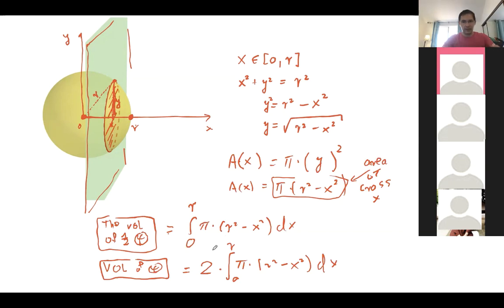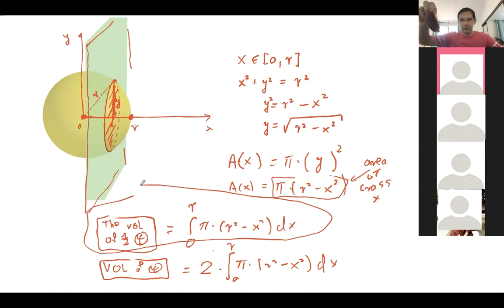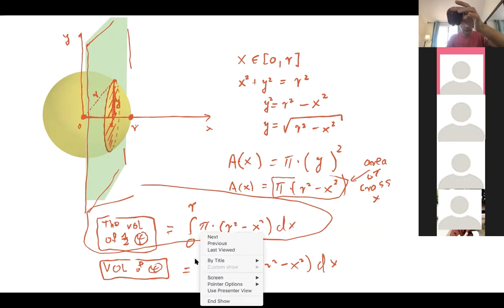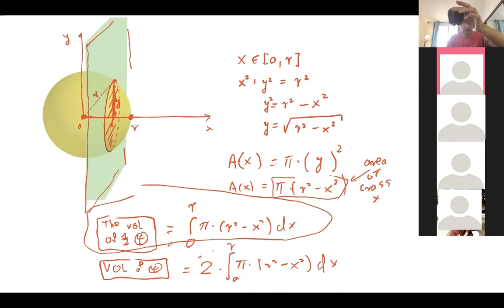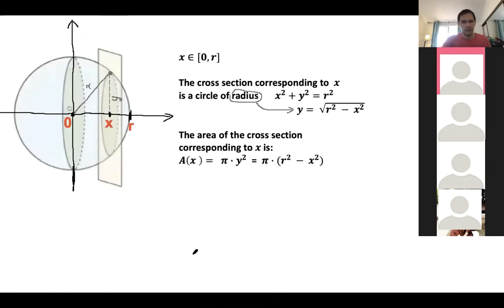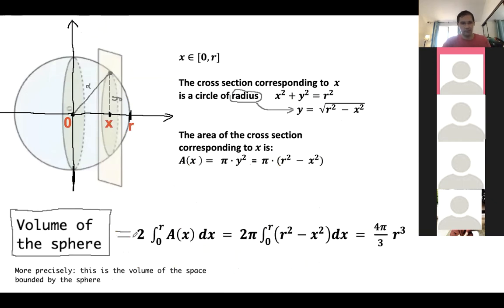And this is exactly the formula for half of this apple. But then, if I know the half of this apple, the other one is symmetric, so I can multiply everything by 2. That's what the 2 here is responsible for. And I have done this computation over here, so that's why we have the 2.